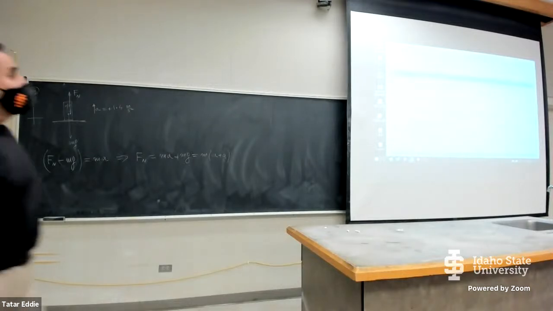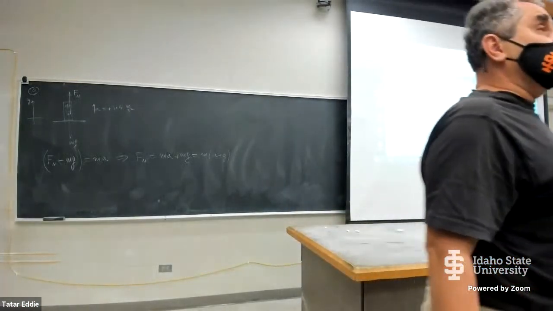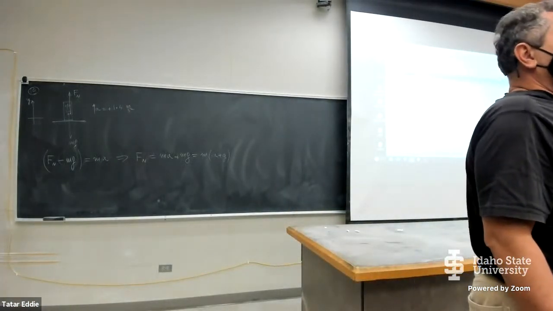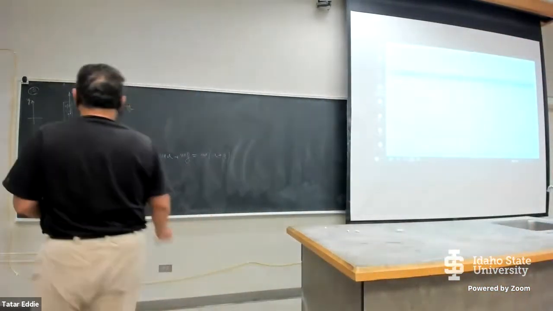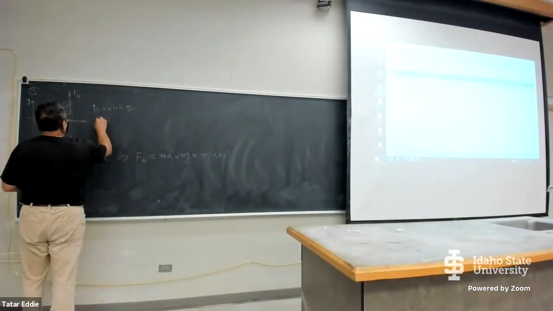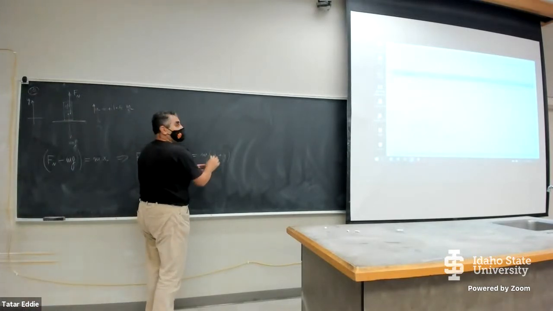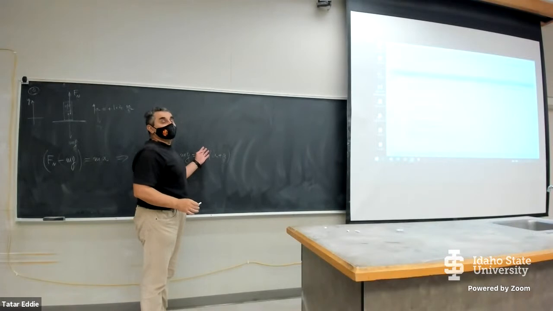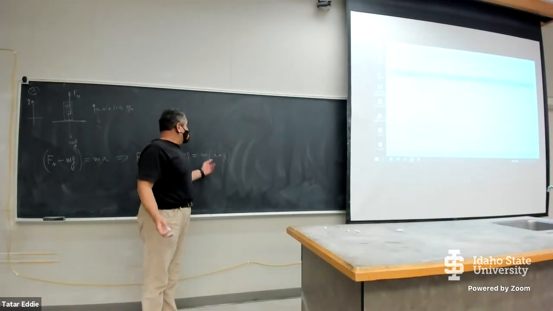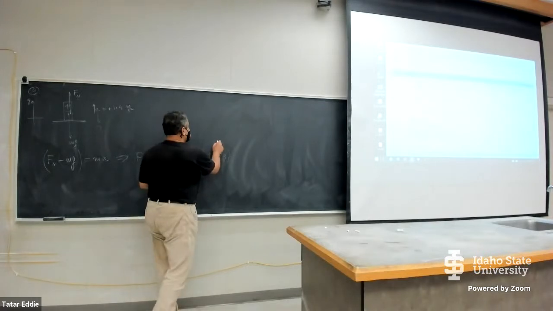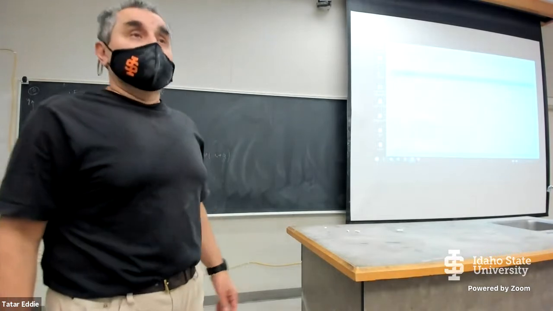Part B, when the elevator is moving up with constant speed. If the speed is constant, the acceleration is going to be 0, and therefore his apparent weight is going to be his real weight, mg, right? This is going to become 0, and you have this.